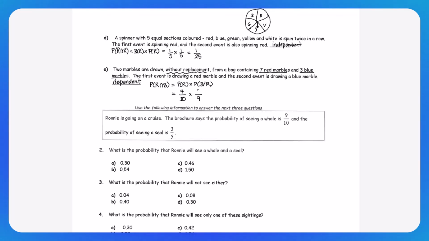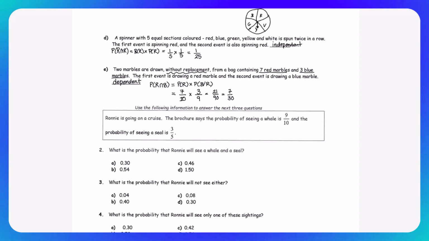There's still only 3 of them. So it's 7 over 10 times 3 over 9, which now gives us 21 over 90. Now we could have reduced the 3 over 9 to make 1/3. We can reduce it this way as well, dividing top and bottom by 3. We get 7 over 30 in this case right here.